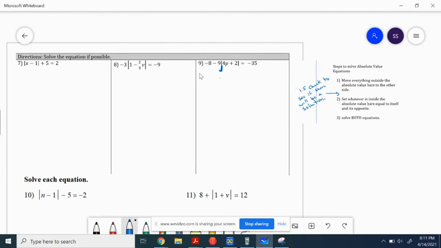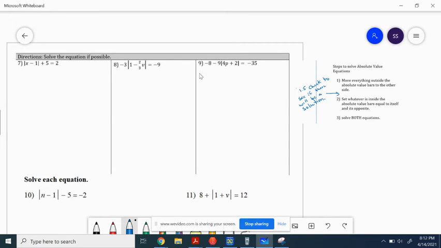But really what I have here is this negative 9, and there's no symbol in between these two things, between the absolute value bar. So this right here would mean multiplication. So what we have here is multiplication, and then subtracting 8 or adding a negative 8. We have to keep those separate.